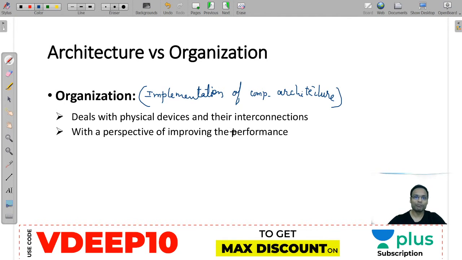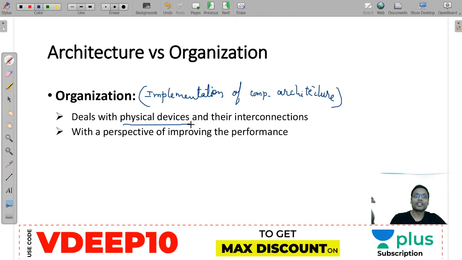Till then, I'll explain further what happens in the organization. We try to implement the computer architecture, which means it deals with the physical devices, the actual implementation of your concept. You have made the physical device, you have made the memory. While implementing, you can decide what type your main memory will be: byte addressable or word addressable.